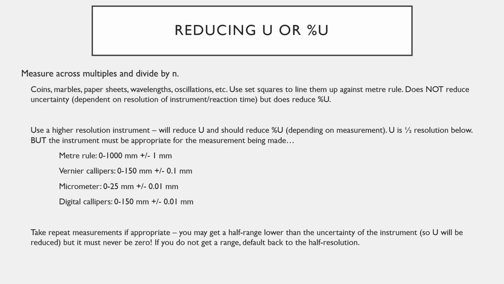Again, you might get an uncertainty that's lower than the instrument, or you might get an uncertainty that's higher. Either one is fine. You should not get an uncertainty of 0. If all of your repeats are exactly the same, then you have to default back to the uncertainty of your instrument at that point, half the resolution of the instrument.